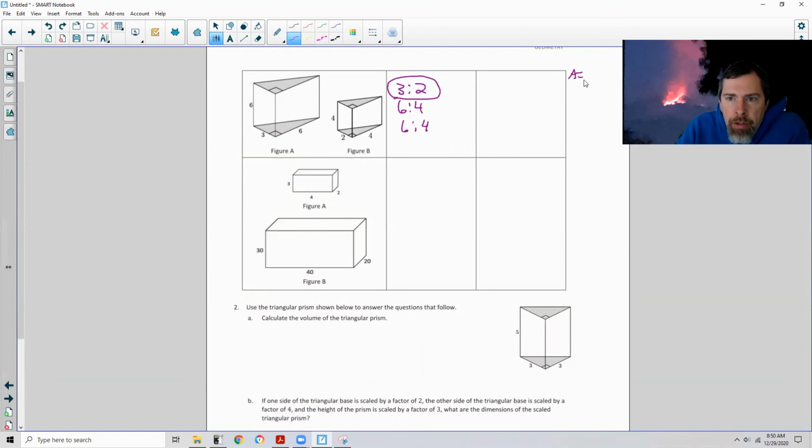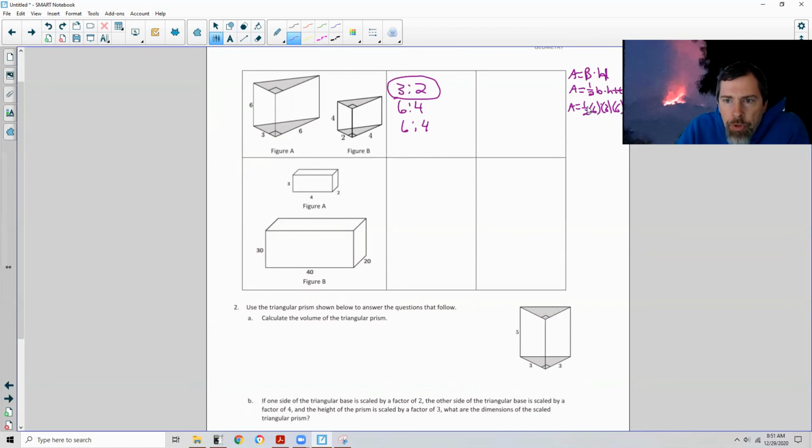So the volume of a triangular prism is capital B times H, the base area. The base is a triangle, so that's 1/2 little b times little h, times the height, capital H. So the volume equals 1/2, the base of the base is 6, the height of the triangle is 3, and the height of the prism is 6.